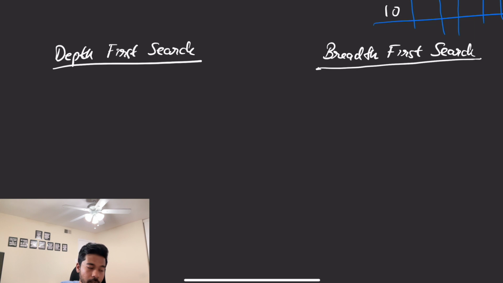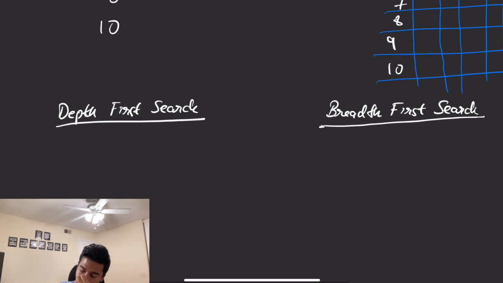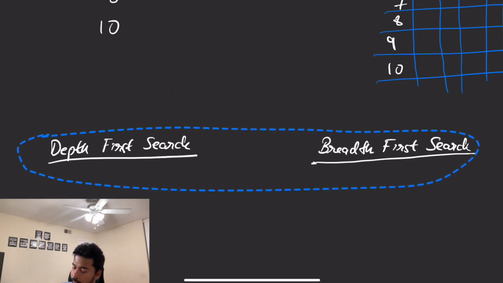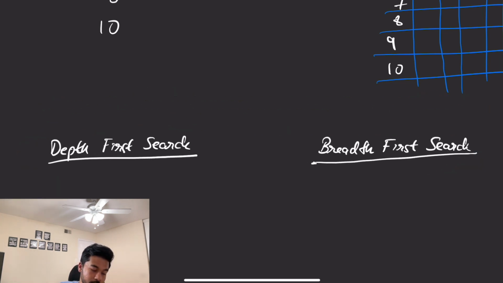So I'm going to give you some code for the breadth first search and the depth first search, but there are two things you need to know about these algorithms. The first is that when you do these navigation techniques on a graph, this is important.